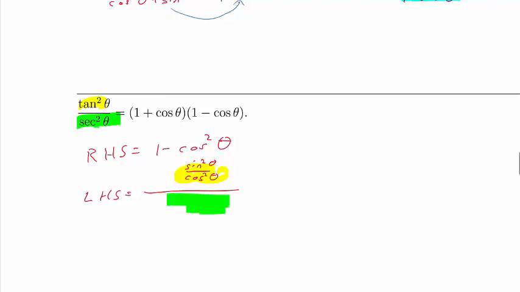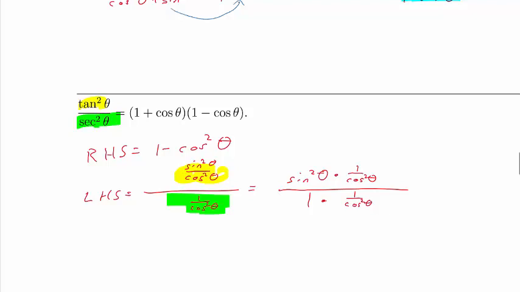And secant squared is 1 divided by cosine squared theta. And so this can basically be rewritten as sine squared theta times 1 over cosine squared, all divided by 1 times 1 over cosine squared theta.